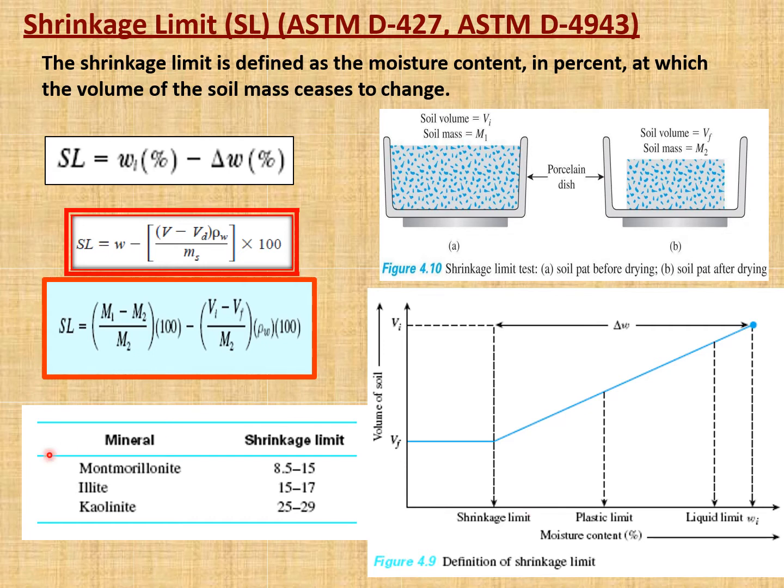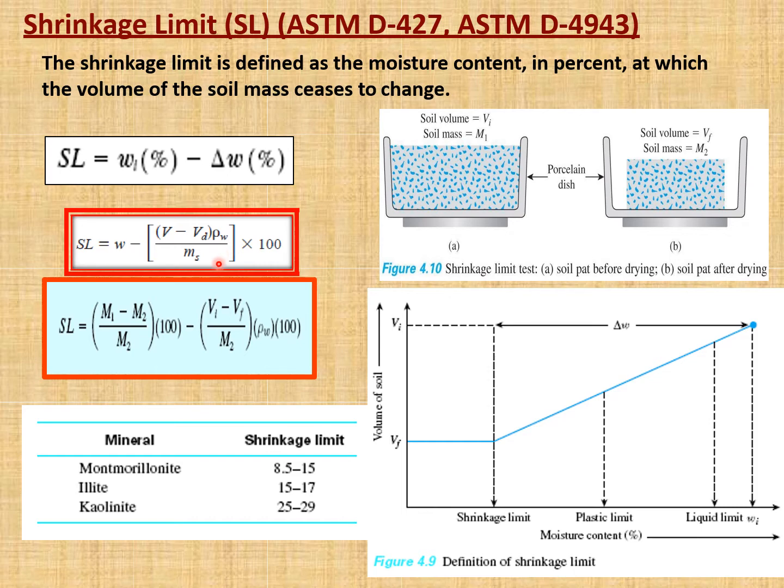We can also write the formula of the shrinkage limit in this form. This is the initial moisture content of the soil, that is W sub I, and this is the volume of the soil V1 minus Vd, where Vd is the volume of the soil when it is in the dry state. It is multiplied by the density of water, rho W, and divided by M2.